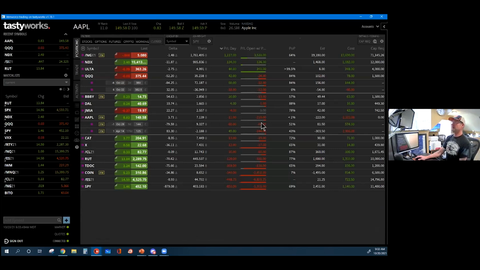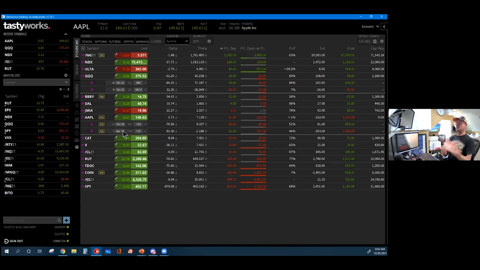So again, we are showing down $200 or so here now on our open position, but just keep in mind that that's not including all of the cash flow that we have brought in on previous positions. And it's also obviously not reflecting whatever credit we would get if we closed out our long leg.